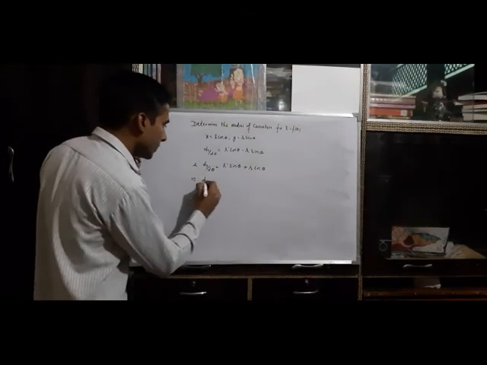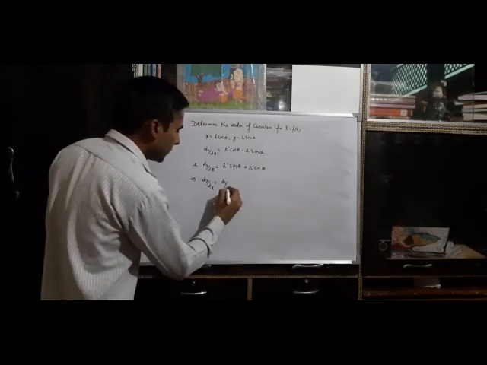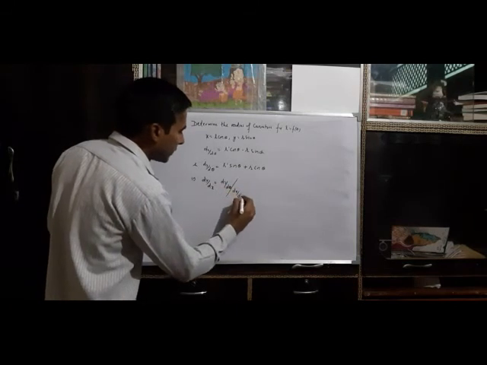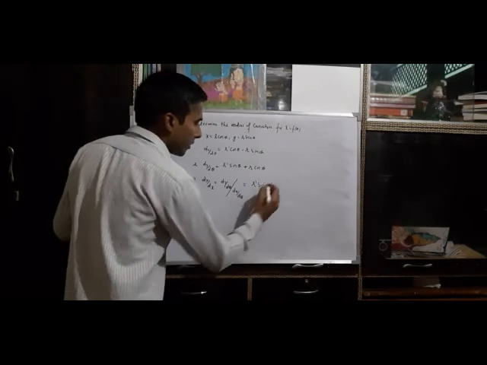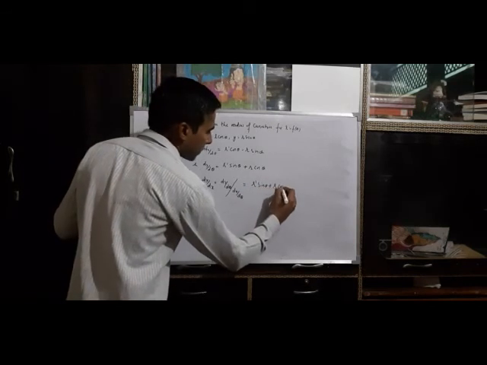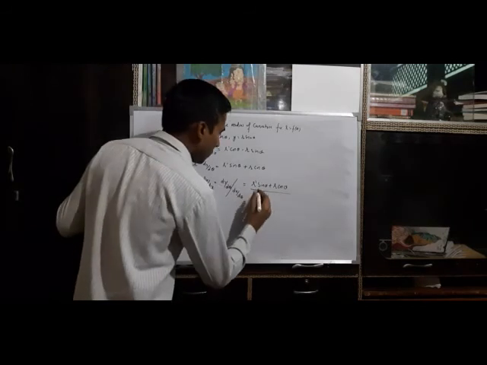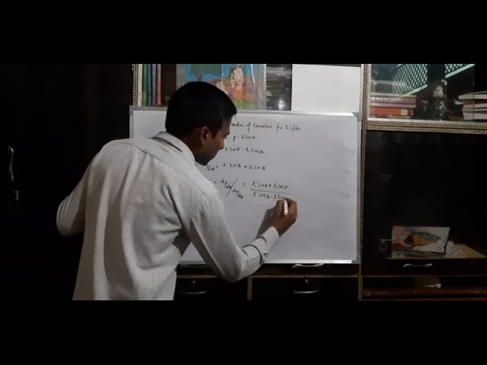That implies dy by dx is dy by d theta upon dx by d theta, which gives (r prime sin theta plus r cos theta) upon (r prime cos theta minus r sin theta).